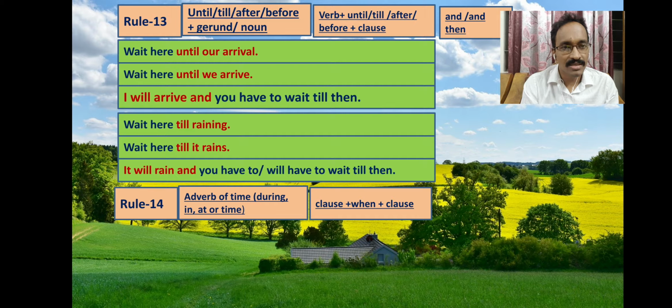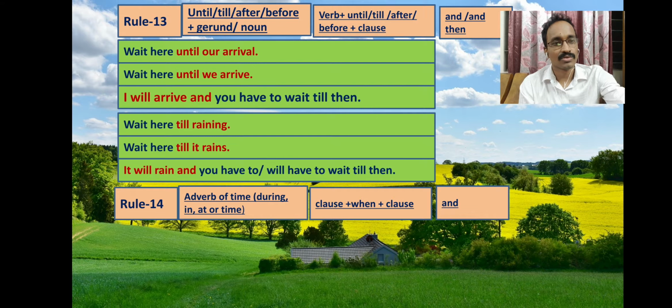The first one, you know, is the independent or principal clause, and the second one is the subordinate clause. And in the compound sentence we will use and.